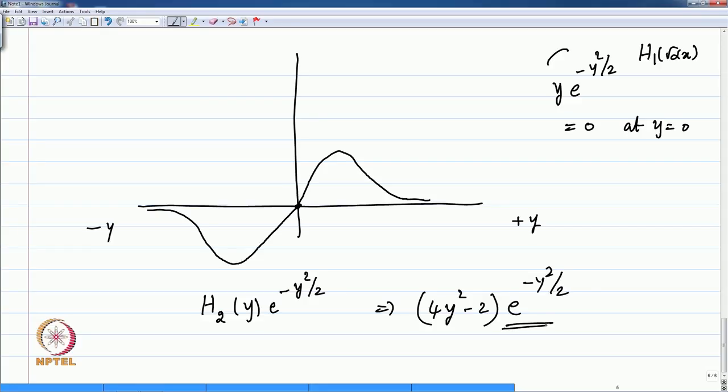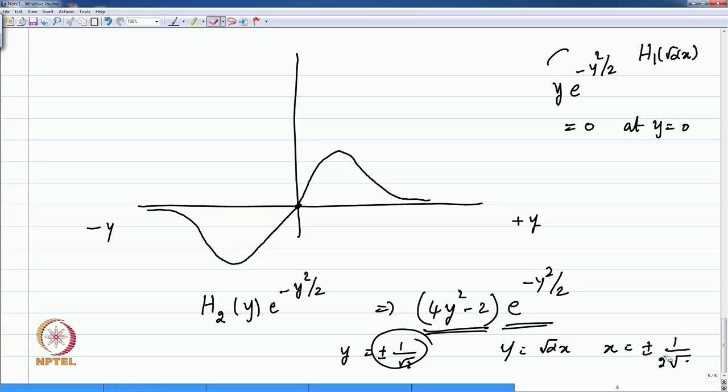The exponential never goes to 0 except when y is infinitely large, positive or negative. Therefore, this goes to 0 at values y equal to plus or minus 1 by root 2. There are 2 values, and remember y is root alpha x. Therefore, x is equal to plus or minus 1 by root 2 alpha. So, there are 2 points at which the function goes to 0.